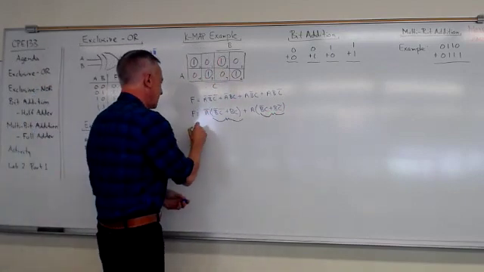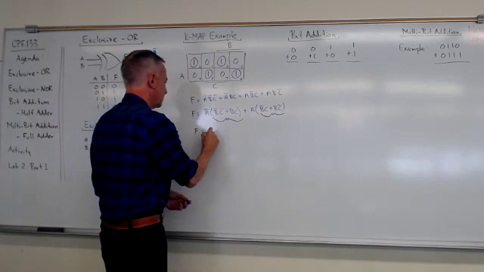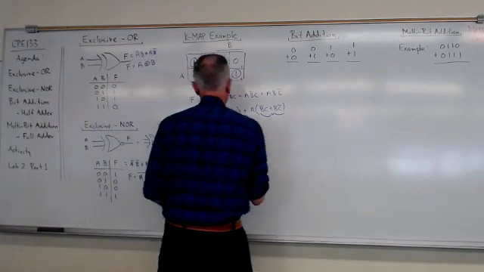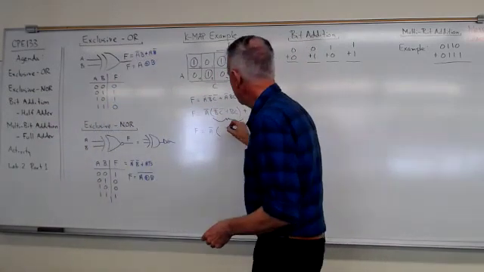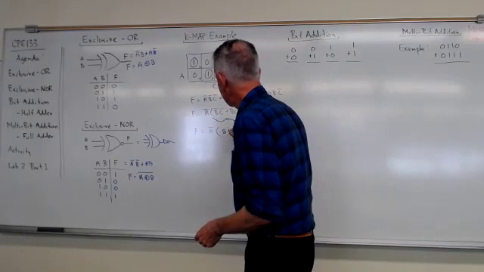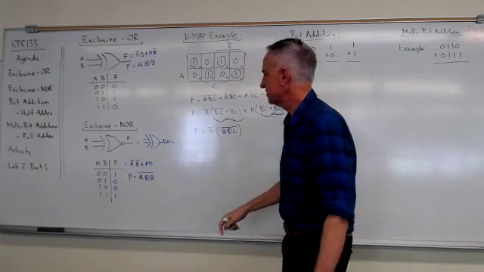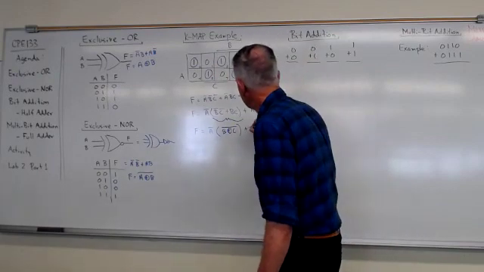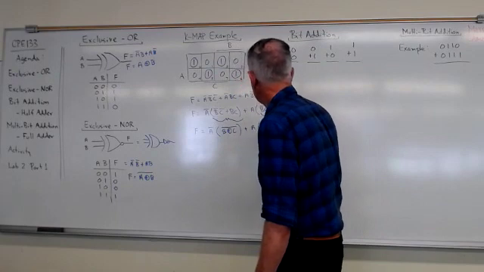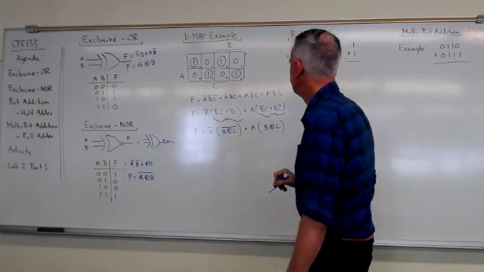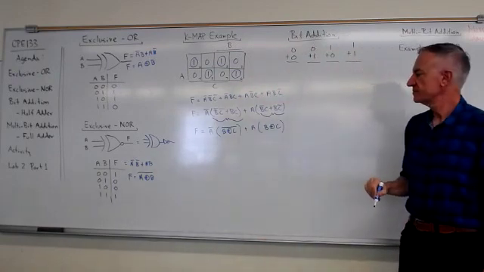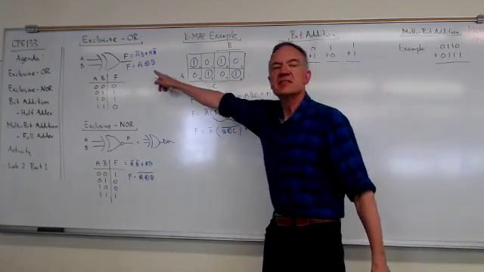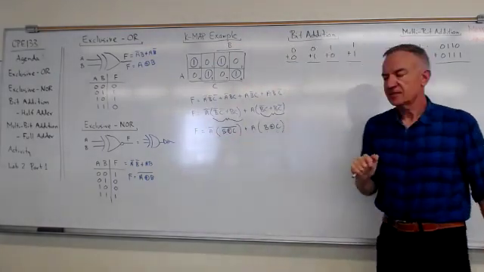So I can write this as B exclusive OR with C, the whole thing not. Nice, so that's this down here. And then here I could write this as B exclusive OR with C. That is right up here.